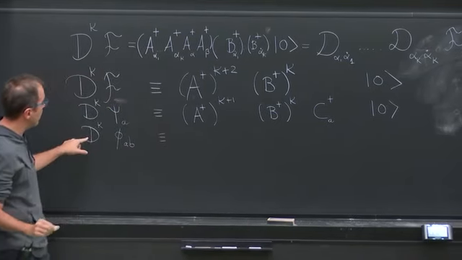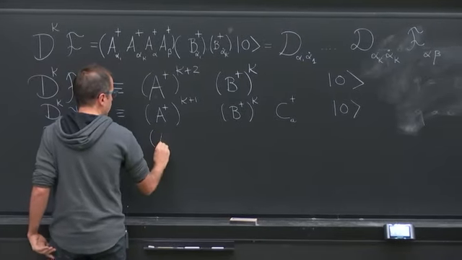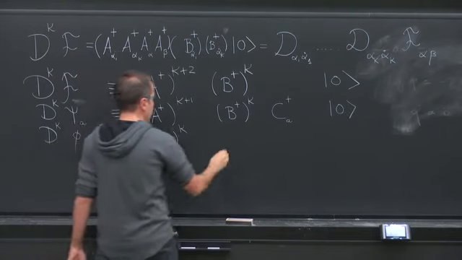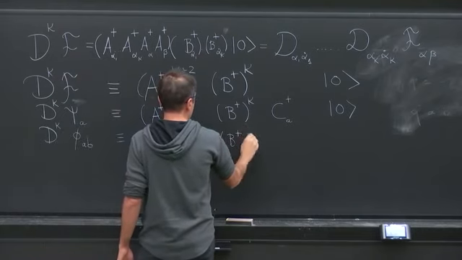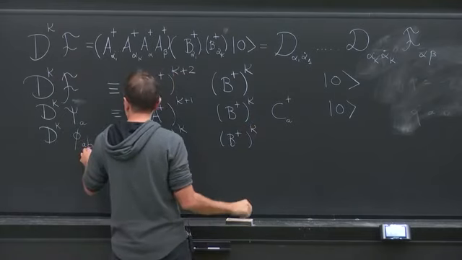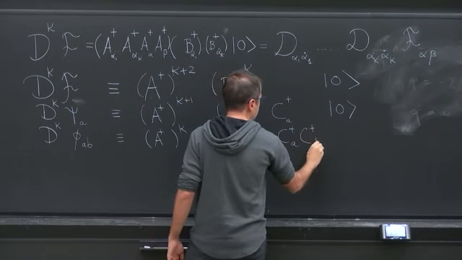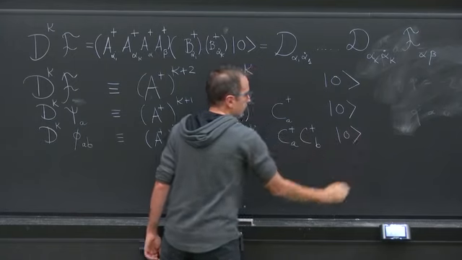Let's see. How many A indices do we need? A dagger to the K. How many B indices? B dagger to the K. Now we need to create two SU(4) indices. So C dagger A, C dagger B acting on the vacuum.